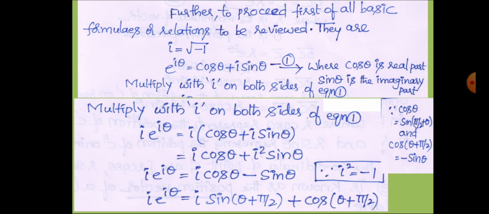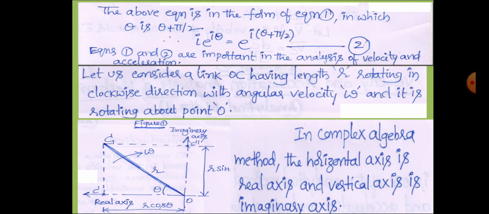So this equation is the same as the equation 1, but here theta is equal to theta plus pi by 2. Hence I can write i e power i theta is equal to e power i of, instead of theta, theta plus pi by 2. So hence the equations 1 and 2 are important in the analysis of velocity and acceleration.